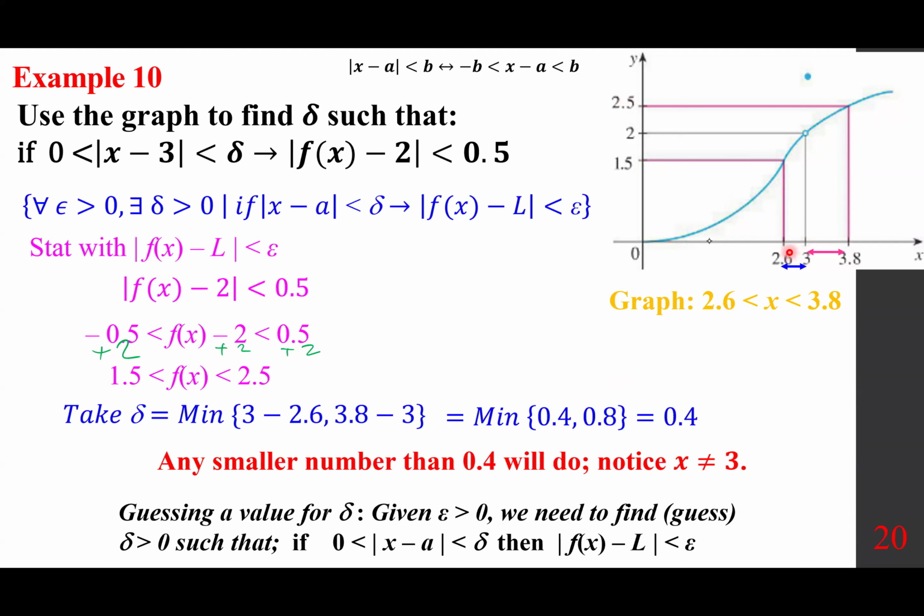But if you go 0.8 to the left, if we go here, and this distance is 0.8, then this number will be somewhere here, which is outside the range of 1.5 to 2.5. You must always pick the smaller of these two, and any number less than the smaller one will always work.